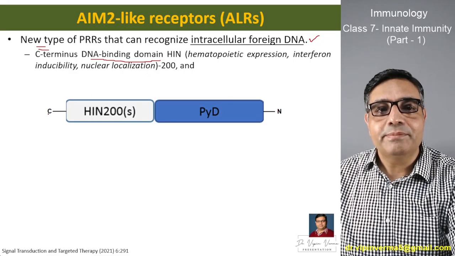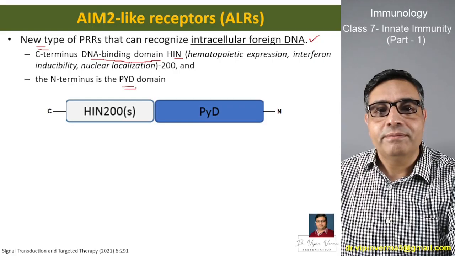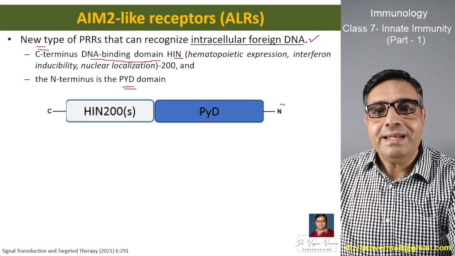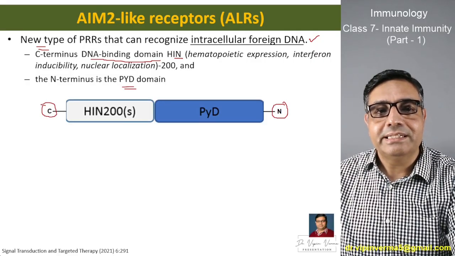This is the C terminus and this is the DNA binding domain, which is HIN, which is hematopoietic expression, interferon inducibility, nuclear localization 200. And the N terminus is the PYD domain, pyrin domain, which is the N terminal. This is N and this is the C terminal.